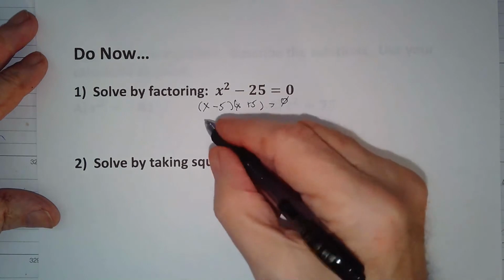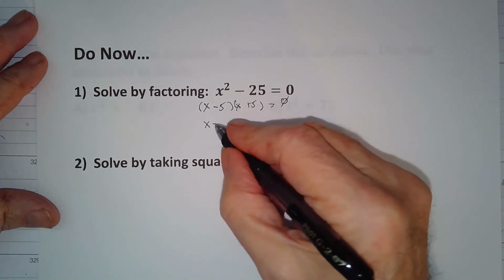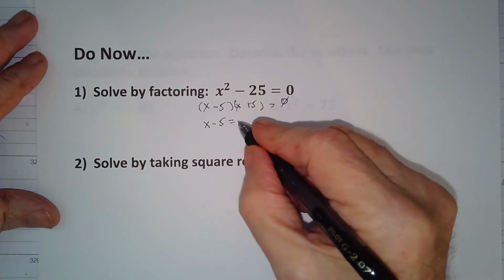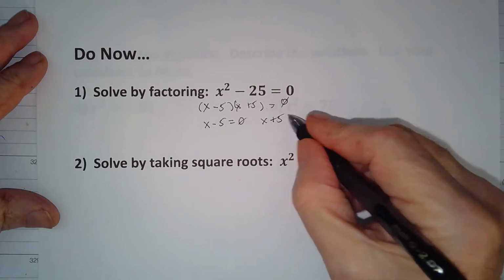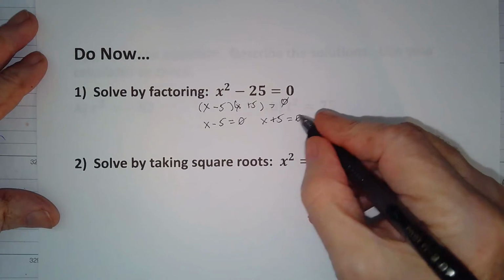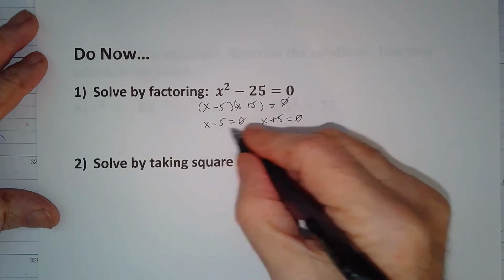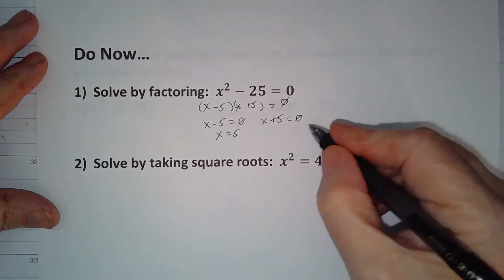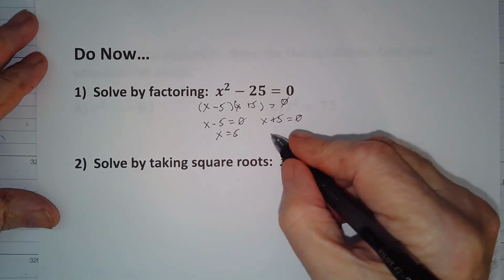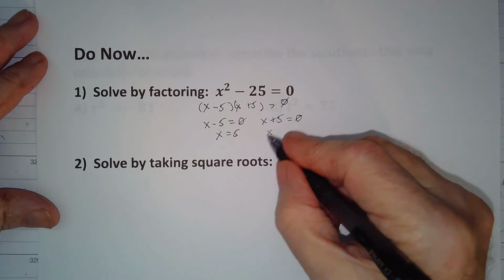And since it's equal to 0, we can take x minus 5 and make that equal to 0, and x plus 5 and make that equal to 0. Then we would add 5 to both sides and get x equals 5, and subtract 5 from both sides and get x equals negative 5.